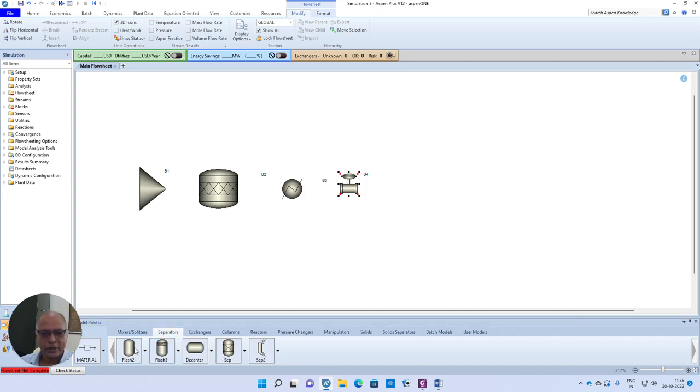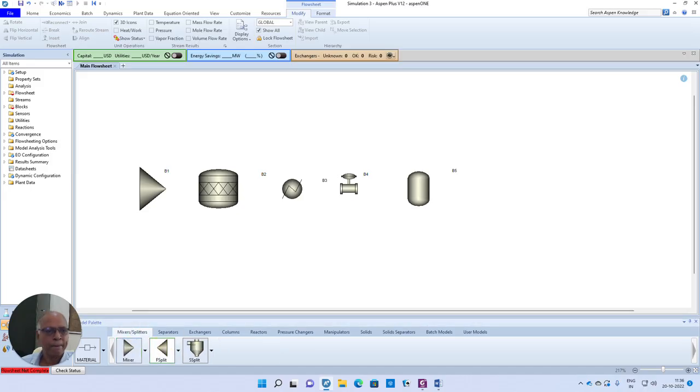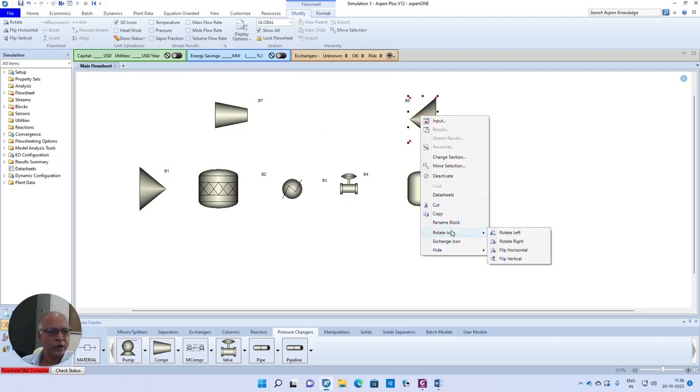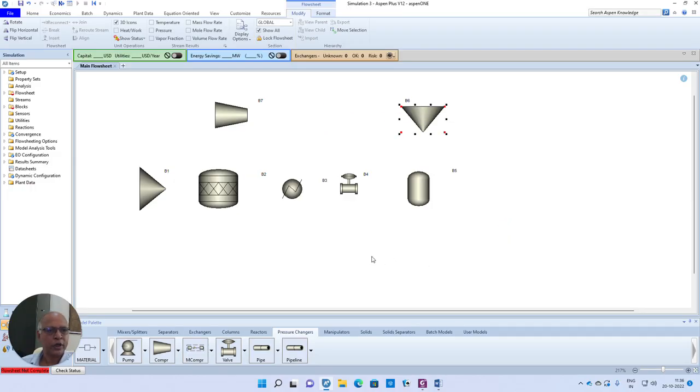Then followed by a flash column. Then you have a splitter. Then a compressor. What we have, for convenience, let me rotate.